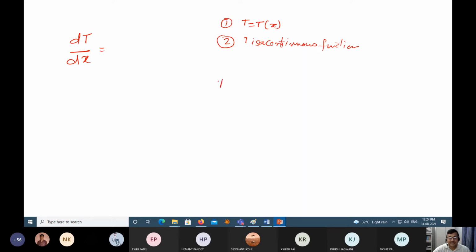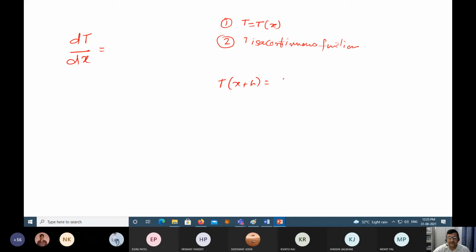Say I write T at x plus h. If I do a Taylor series expansion, how do I get it? Can anybody prompt me? What is the Taylor series expansion?